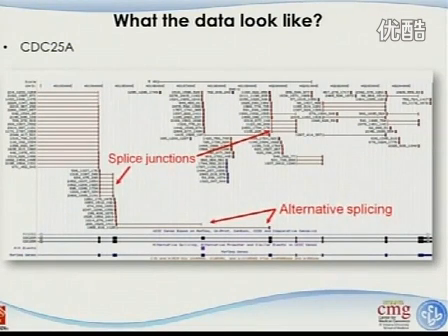And this read gives us the evidence that these two are together. However, this read gives us evidence that these two are together where the middle one has been spliced out. In this one single experiment, we have seen a mixture of multiple isoforms.